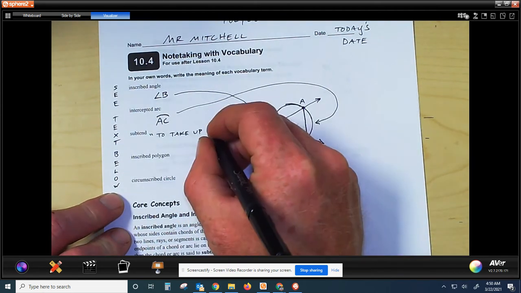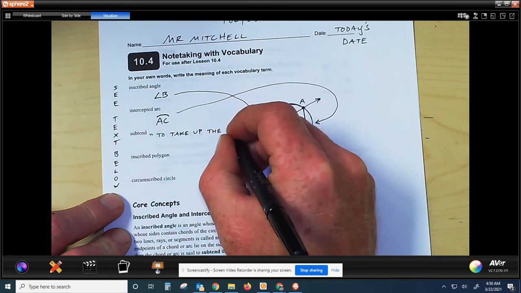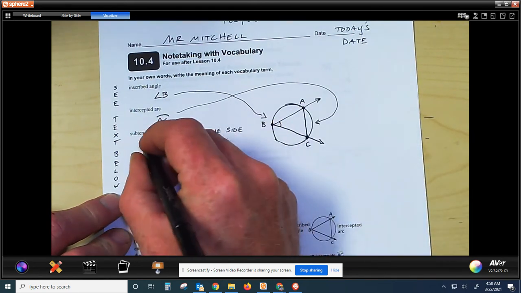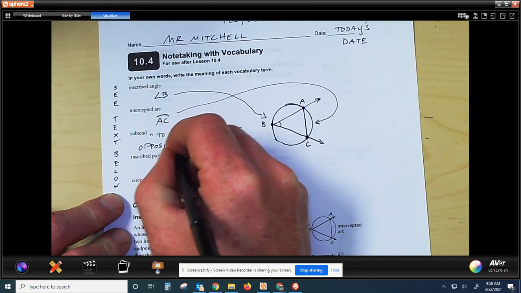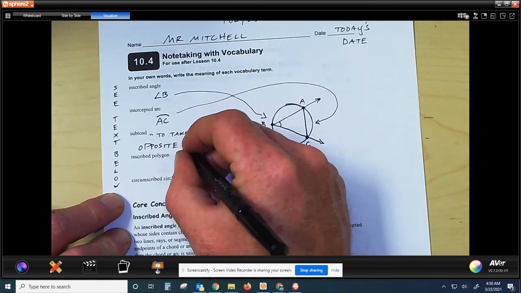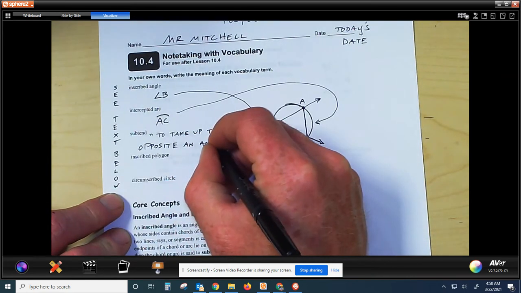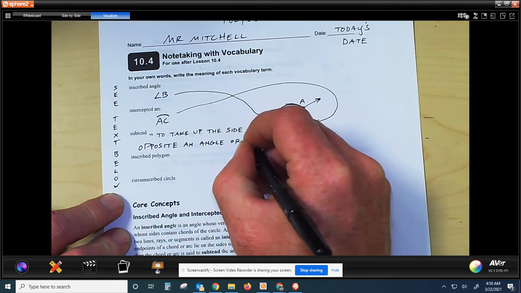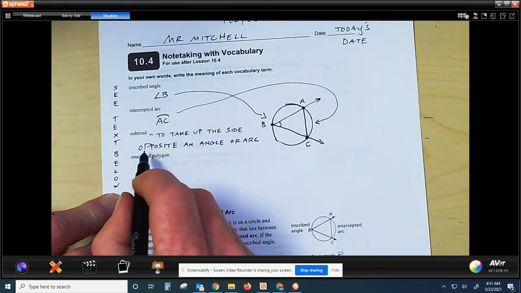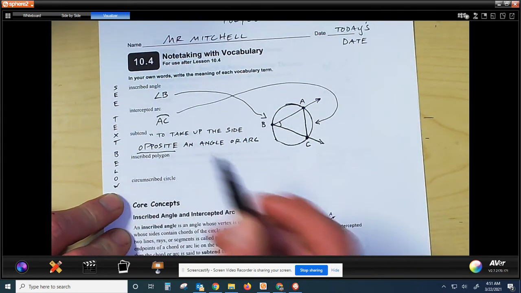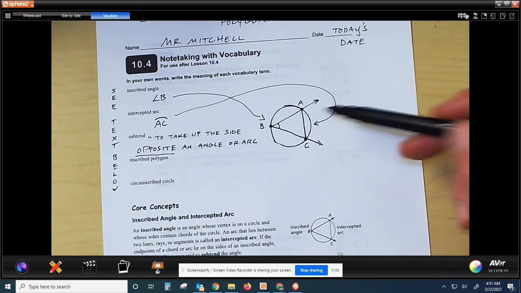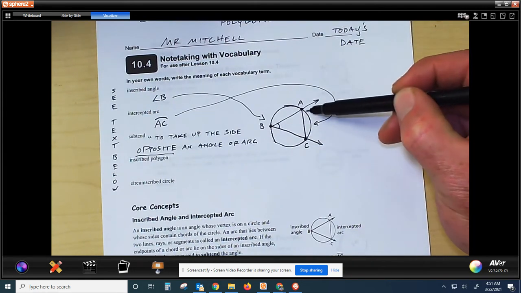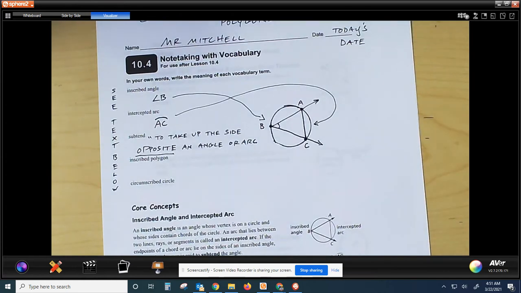To take up the side, there's a specific word I want here: opposite. Opposite an angle or an arc. When you think subtend, think opposite. Here, angle B subtends arc AC. They have a mathematical relationship that we're going to talk about here in a minute.